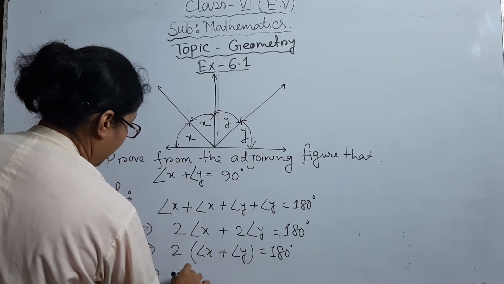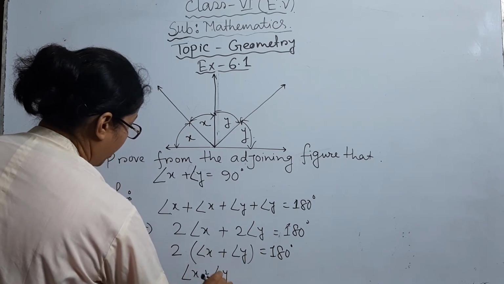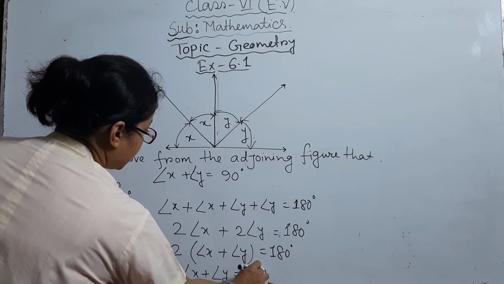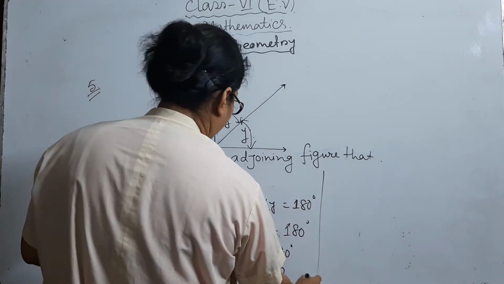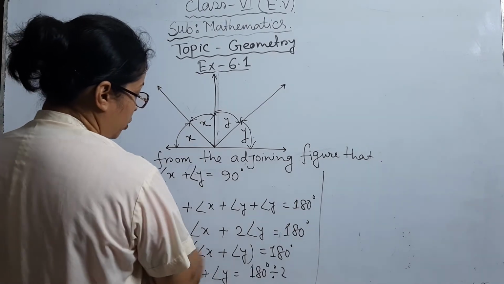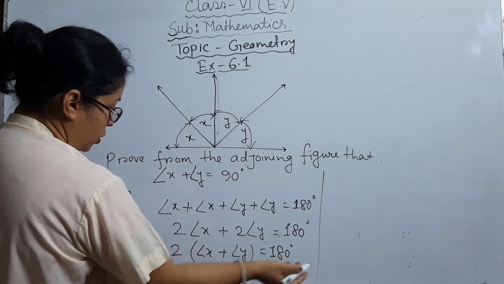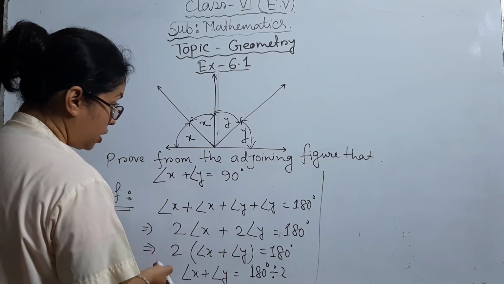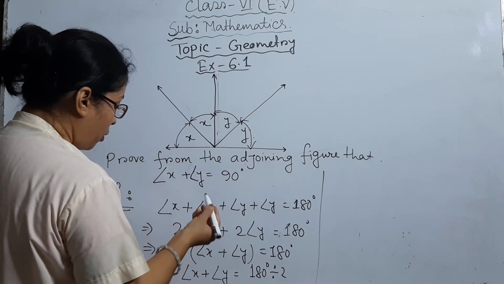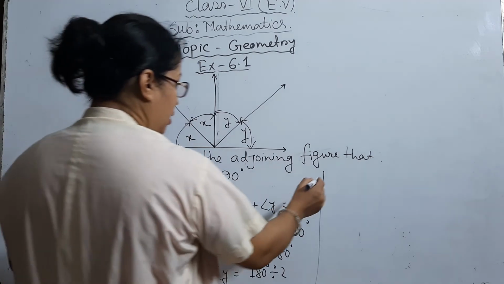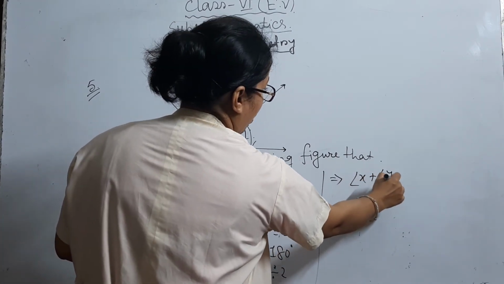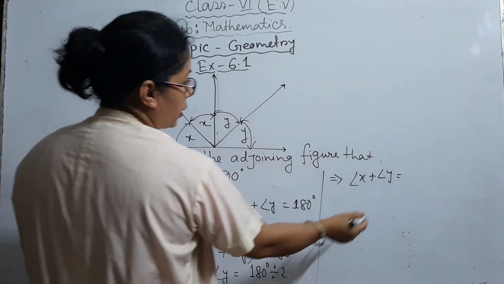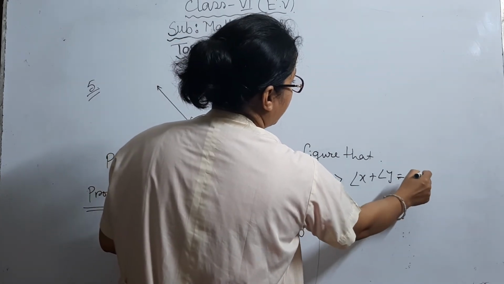Then angle x plus angle y equals 180 degrees divided by 2. Whenever 2 changes sides, it will make a division. We know the proper rules of this maths. That is, angle x plus angle y equals 180 divided by 2, that means it will be 90 degrees.